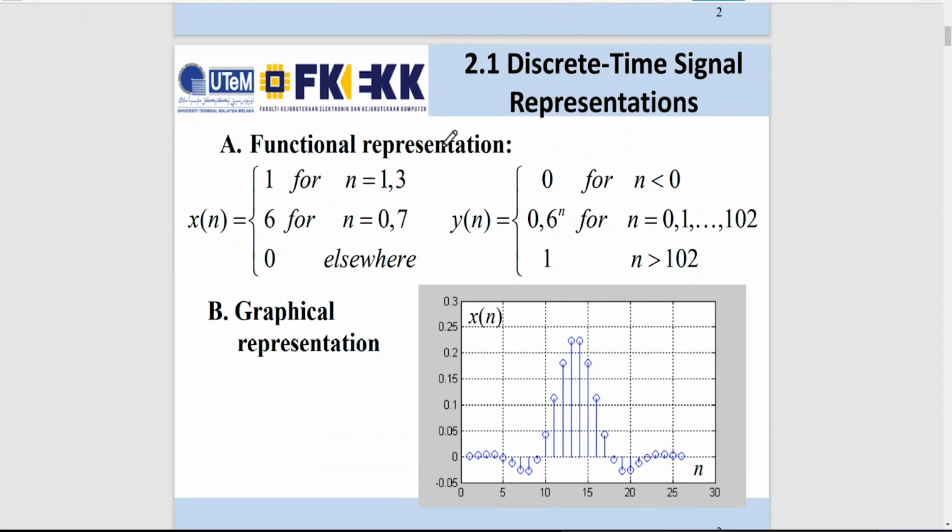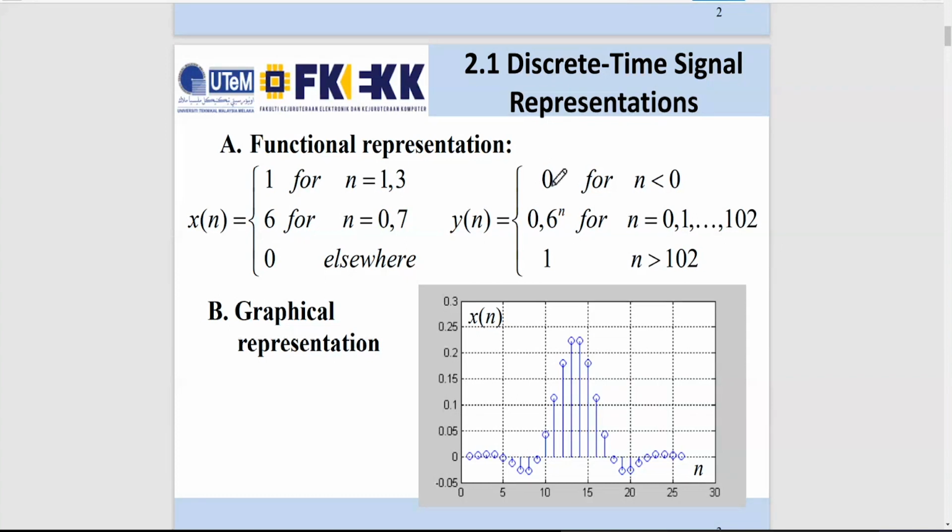The normal way to represent the signal would be the functional representation, where we use x[n] with conditional values: 1, 6, 0 for n equal 1 and 3, n equal 0 and 7, and elsewhere. Normally we call this the input, and y we call the output. From now on we call this input and this output.